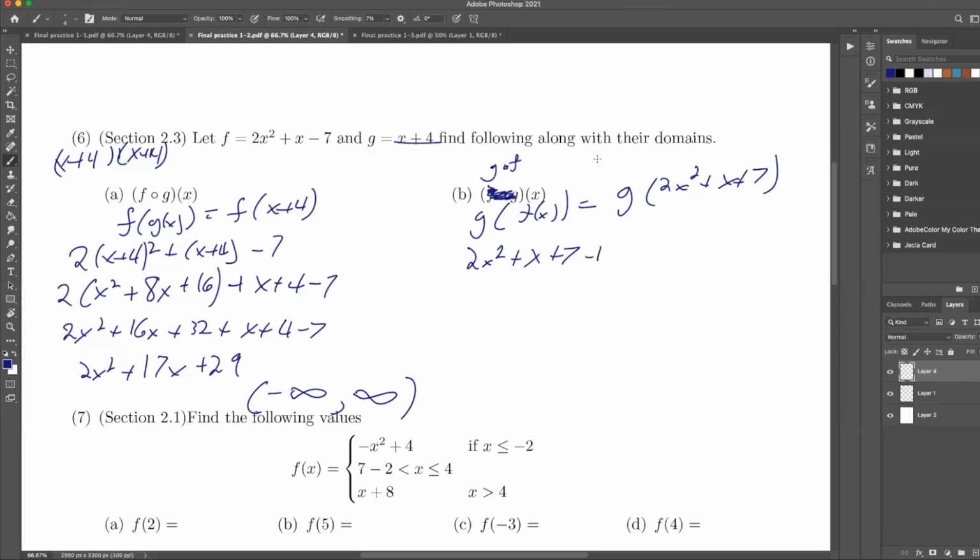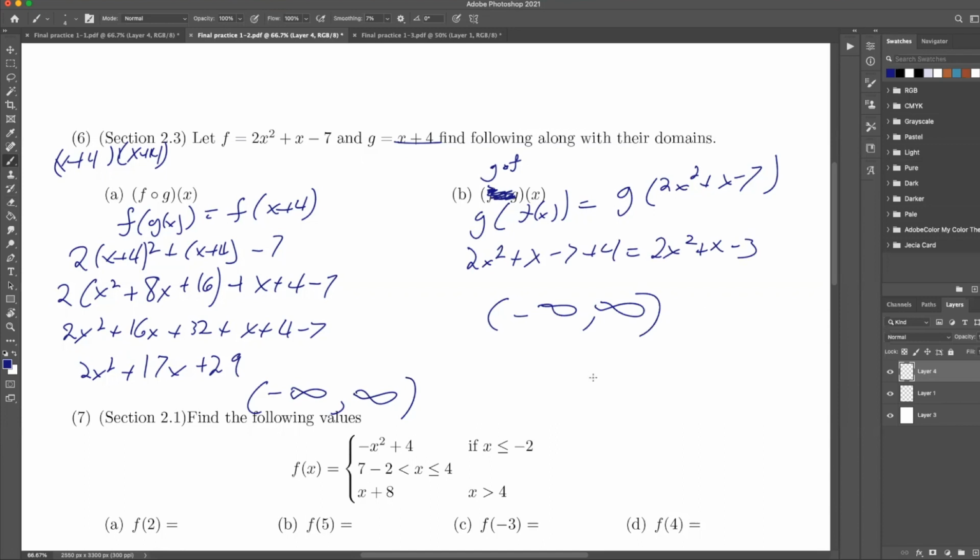Oops, that's not plus 7, it's minus 7. Minus 7 plus 4. So the answer here is 2x squared plus x minus 3. And the domain for this is the same as before. It's just a polynomial, so it's from everything to everything. From minus infinity to infinity.